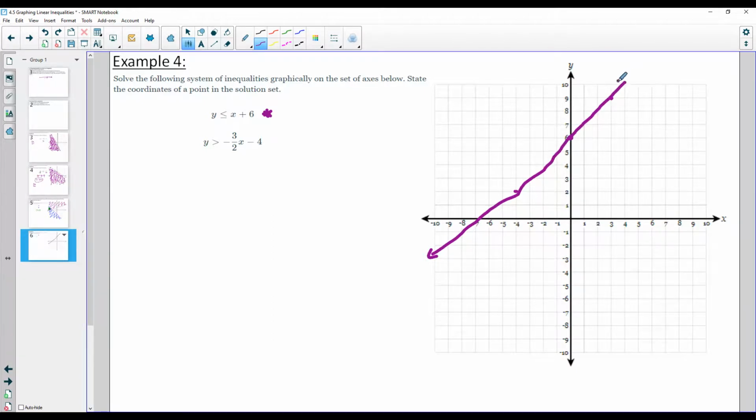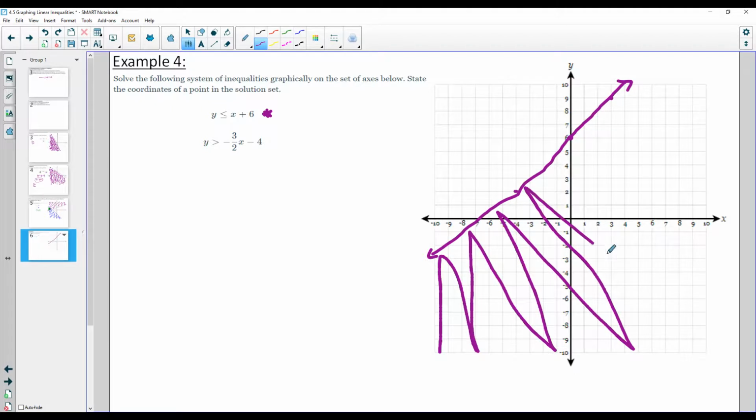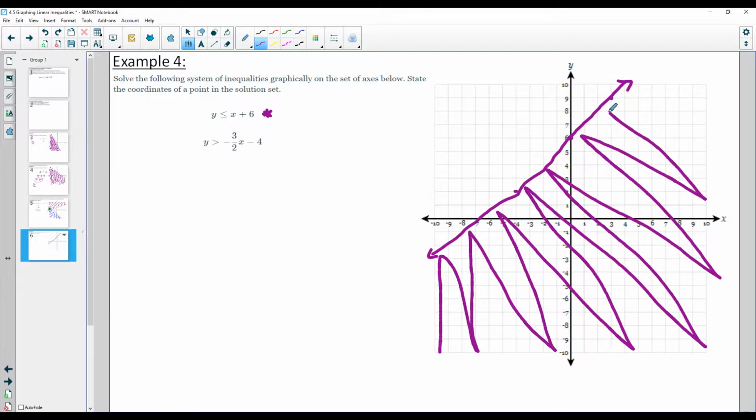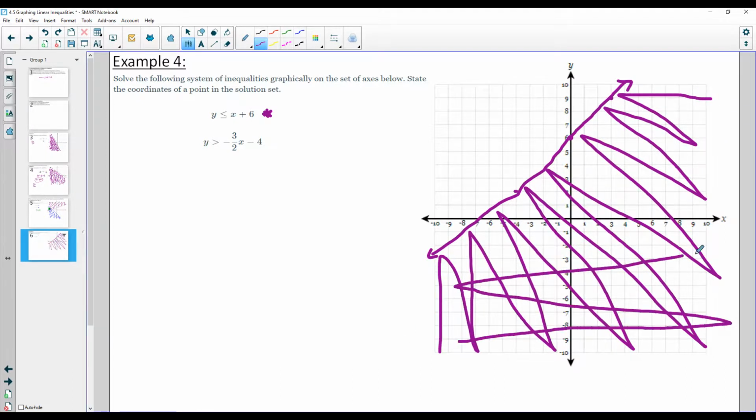So that's a solid line there because it's or equal to, and we want less than. So y is less than, so we're going to want everything underneath. So there's everything underneath. If I need to shade more, I can.